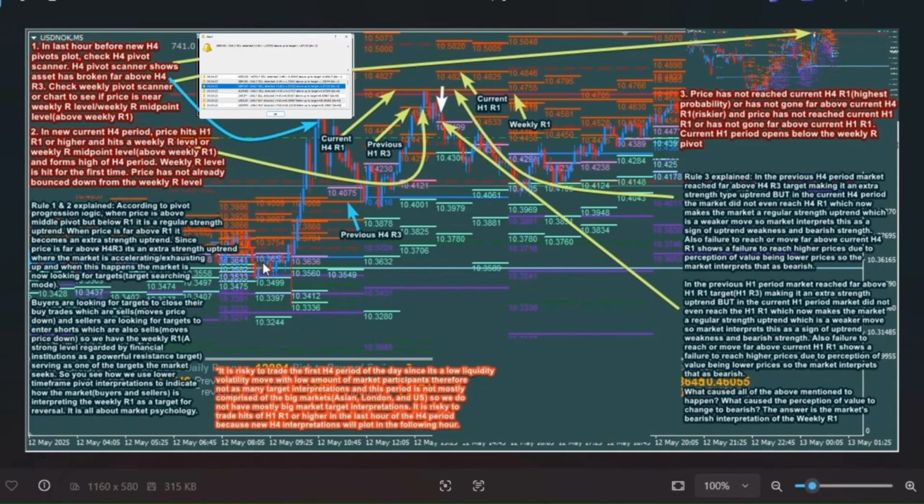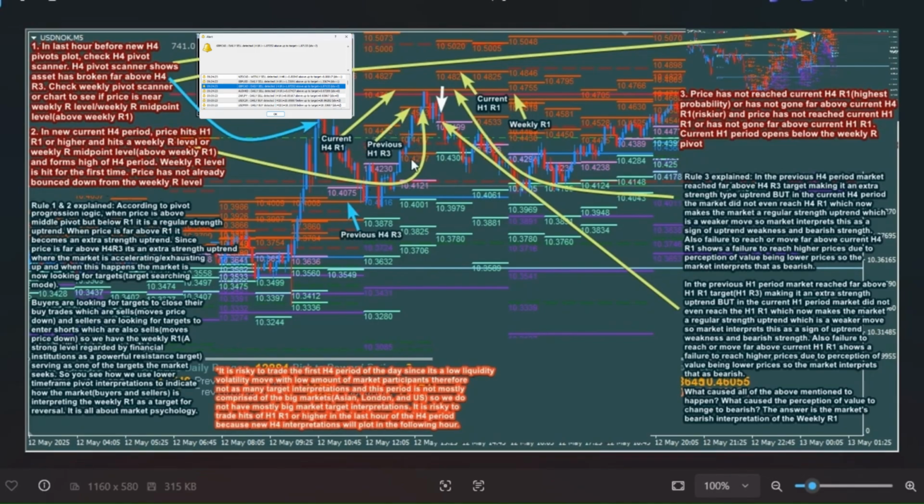So if you look at the previous H4 period, the market moves upward and breaks far above the previous H4R3, okay? That is considered an extra strength uptrend.